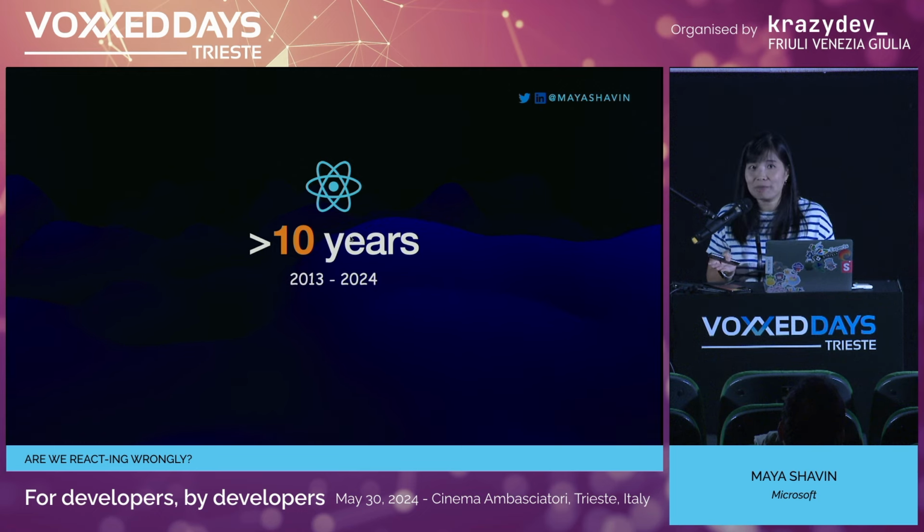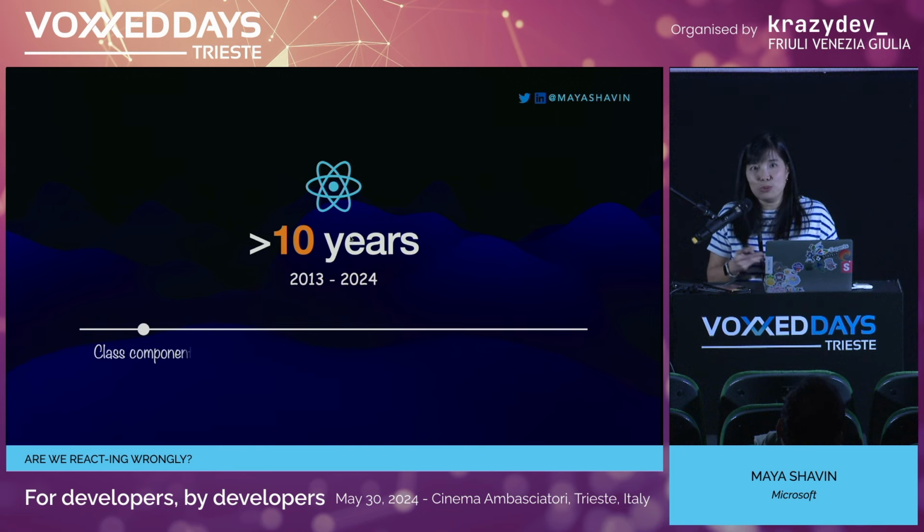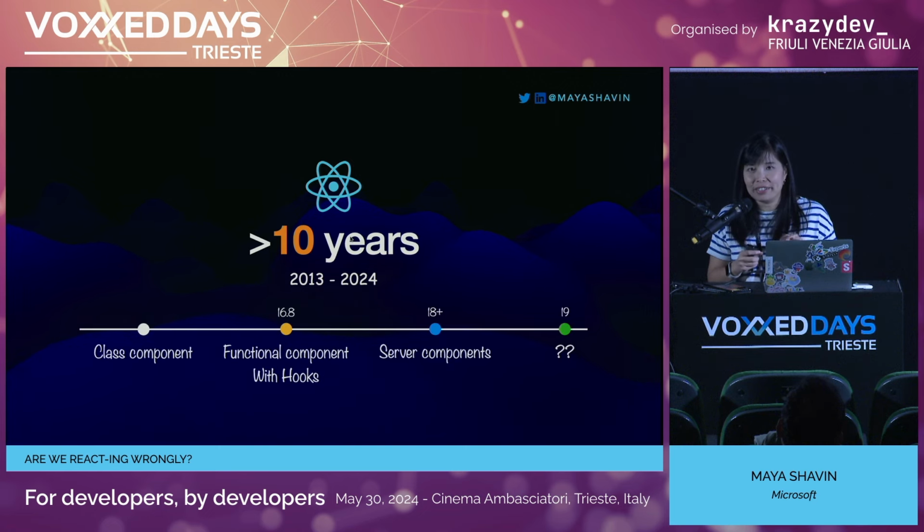React just celebrated its 10-year birthday last year, and it's been 11 years today. So that's quite a journey, right? Among these 10 years, we have had a lot of big releases, and I'd like to point out some very significant ones. We started with class components, and then React entered version 16, which became a teenager with functional components and hooks.